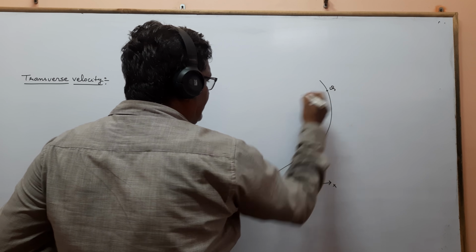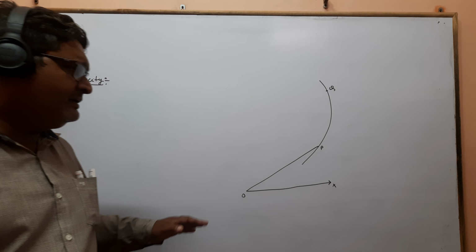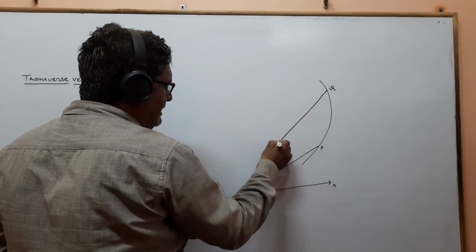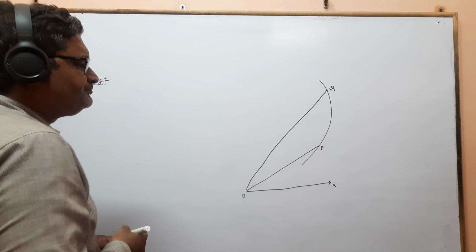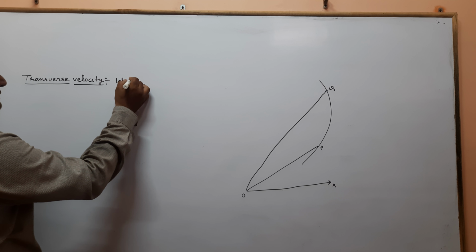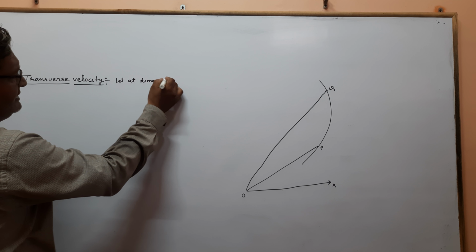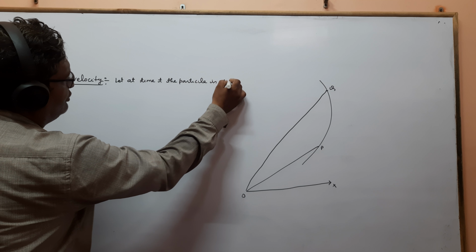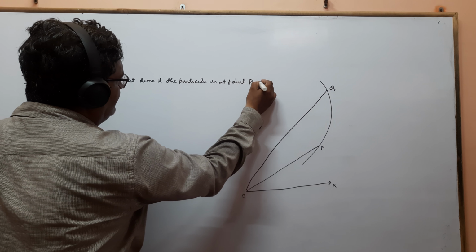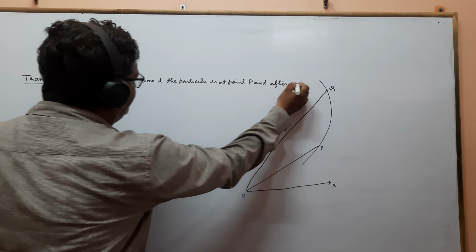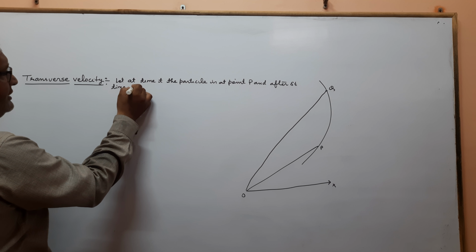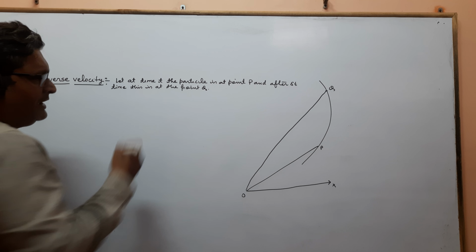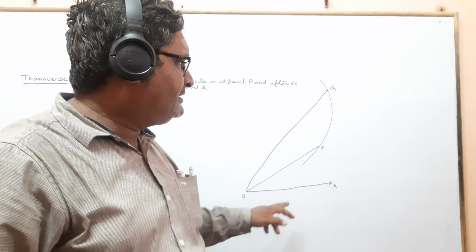Let us suppose that at time t the moving particle is at point P, and after del t time the particle is at point Q. Here we suppose that there is a particle which moves on this plane curve.